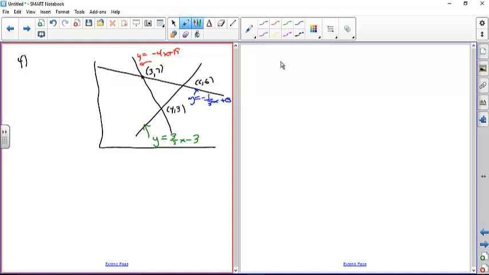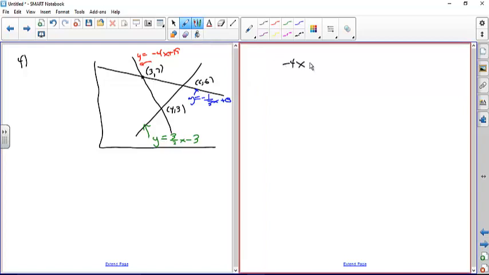Okay, so we're going to do negative 4x plus 19, which is the red curve. Blue curve is negative 1/3 x plus 8. So the first thing I would do is multiply everything by 3. So I get negative 12x plus 3 times that is 57. Then I get negative x plus 24.